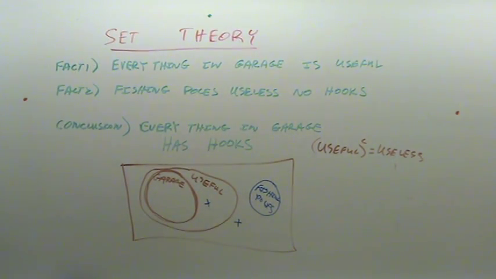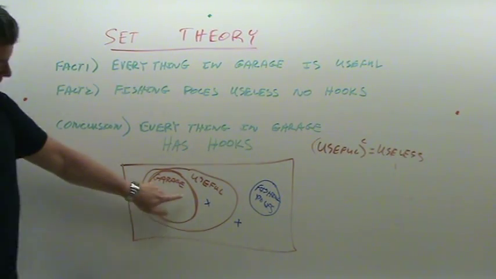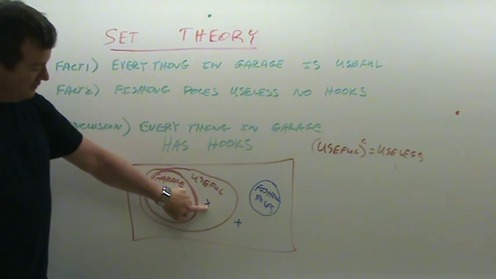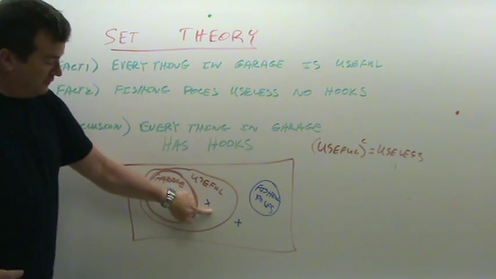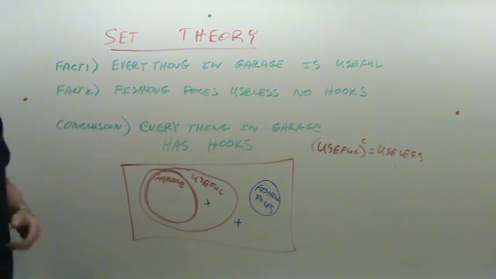So what, besides fishing poles, has hooks? I can't really think of anything right now. But if there was something that had a hook, whether it's useless or useful, it could be outside the garage. So that's not a great conclusion.